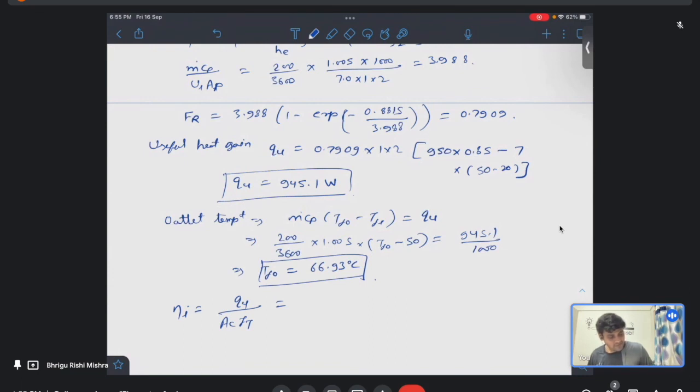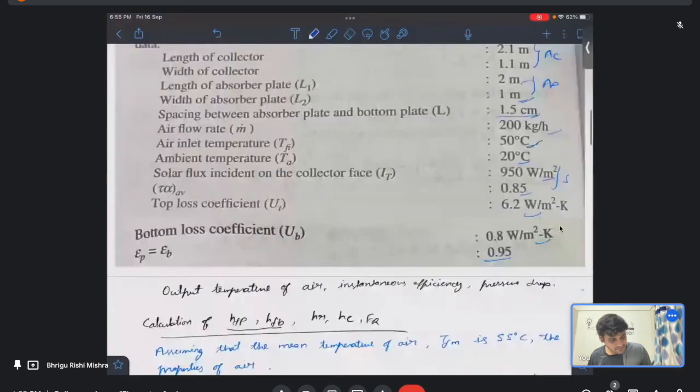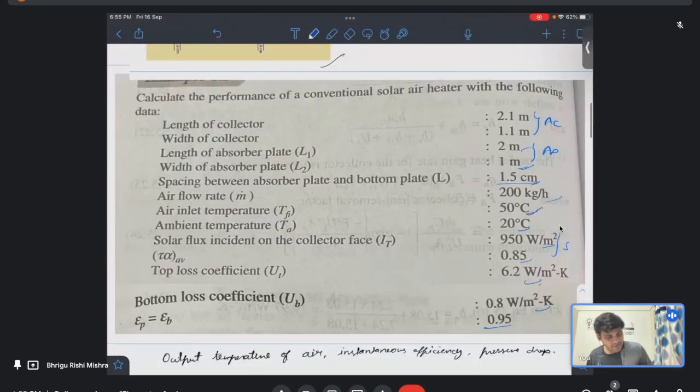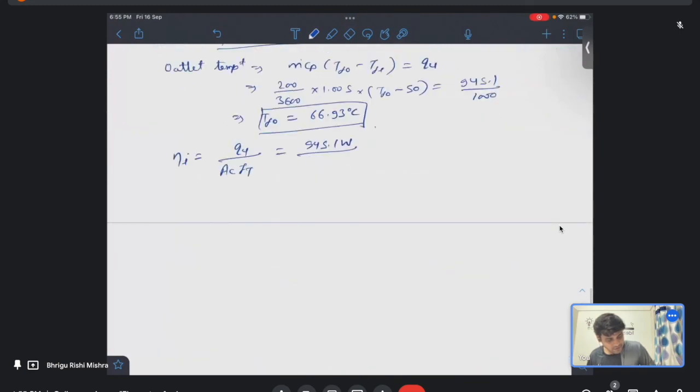And the instantaneous efficiency, eta, equals QU by AC into IT, and QU we have calculated, 945.1 watt, and AC is 2.1 into 1.1, and IT is given 950.